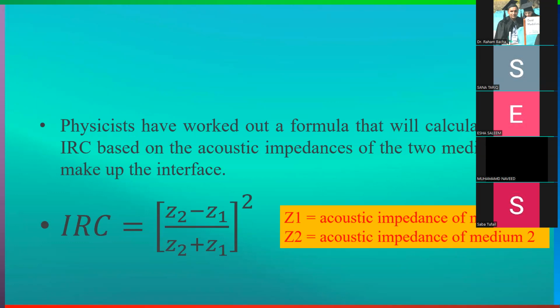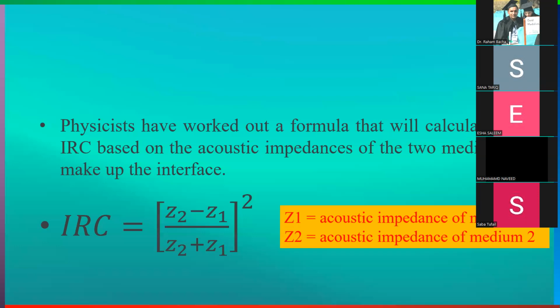This is the formula of the intensity reflection coefficient. You should know about it. Actually, this formula represents the difference in the acoustic impedance of the two media as a fraction, so it should simply be multiplied by 100, and we'll get the value in percentage, right?